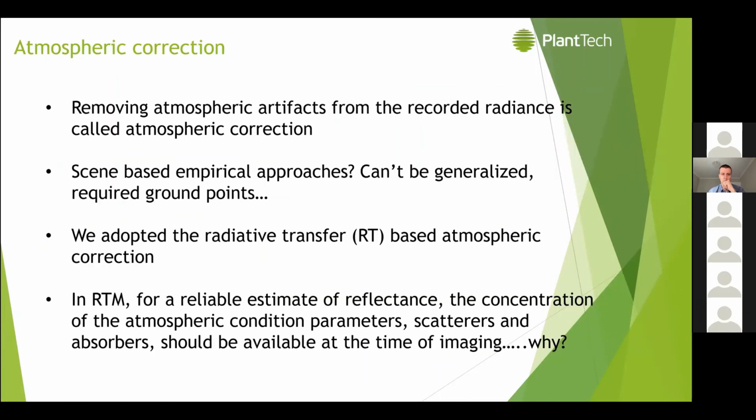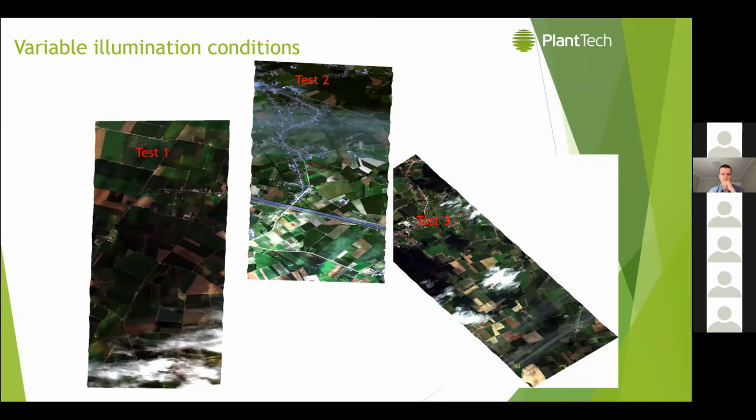Then coming to the atmospheric correction, it is very essential to remove the artifacts which appear in the atmosphere, coming from different aerosol particles and dust particles. For example, when we survey different farms, each strip has different illumination conditions.